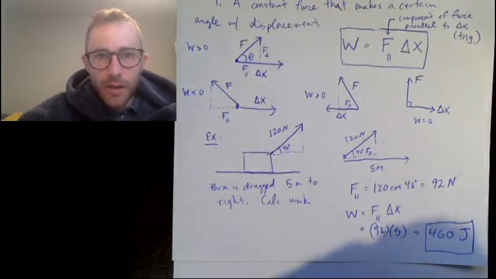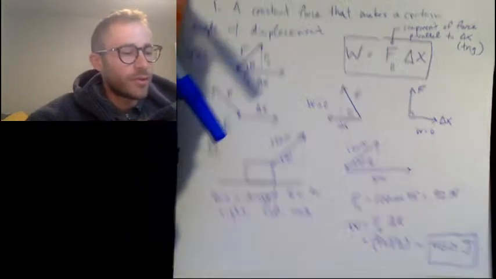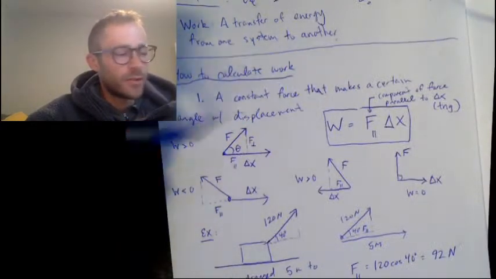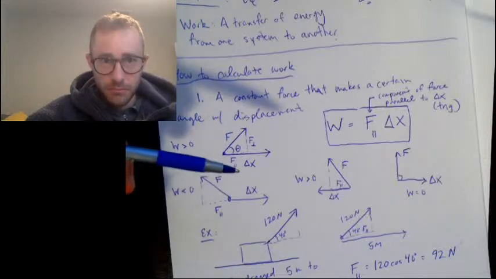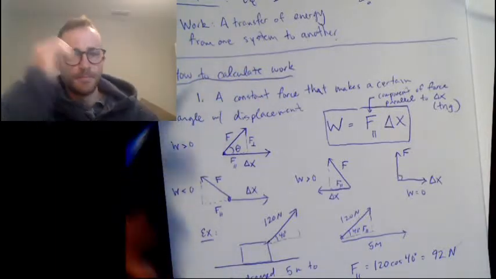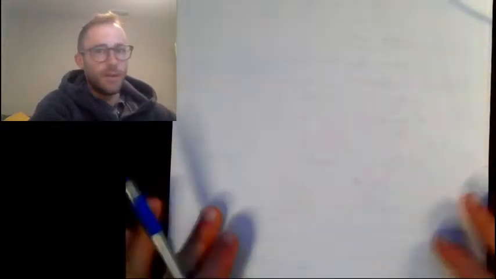So that's one way to calculate work. You have a constant force that makes a certain angle with the displacement. Okay? The second way in which you might be asked to calculate work is like so.